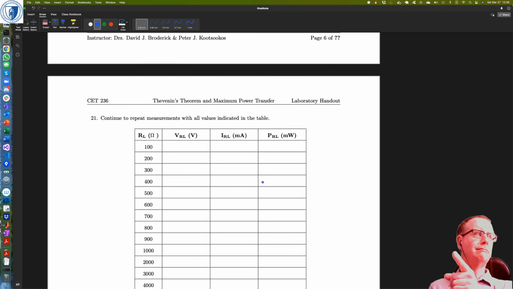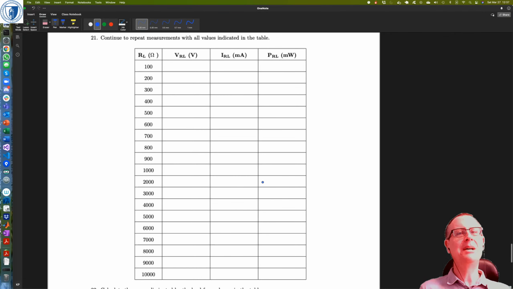Now, if we're doing this in a lab, you can do all of the calculations here, but doing the maximum power lab physically is a little tedious, because first of all, you have to make sure you know what RL is.